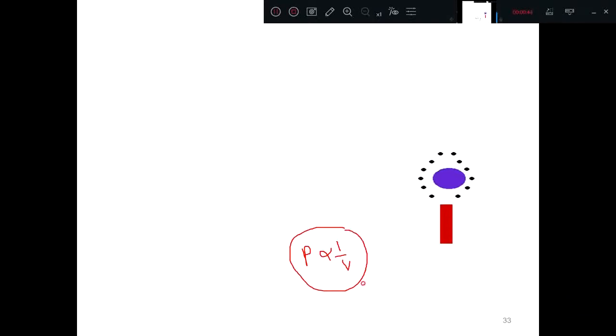To understand this particular principle, we have taken one practical example: the motion of a ping pong ball over a stream of water. Just look at this animated picture that I am showing here.